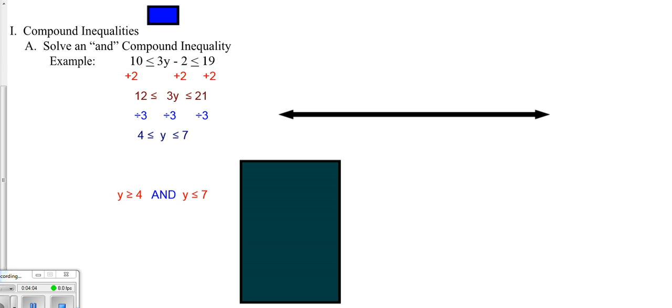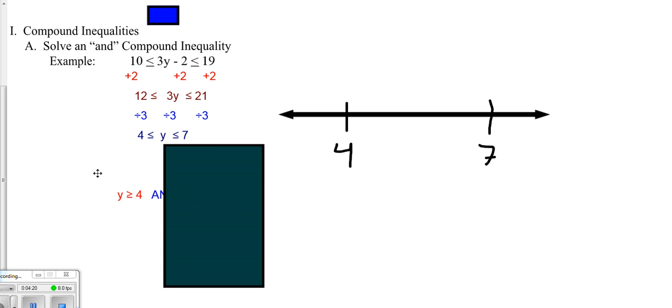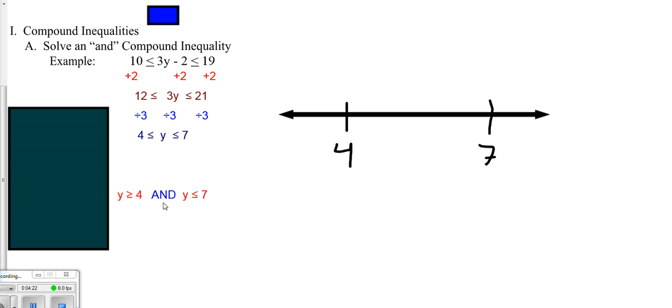Now I know that these don't have numbers on them, so we are just going to make the tick marks as needed. 4 down here to our left side, that's the lower number. 7 up here, that's our higher number. So you can mark whatever numbers you want, but those are the only ones we really need. Now we just know that y has to be greater than or equal to 4. So we know that there'd be a filled in circle at 4 going all the way up.